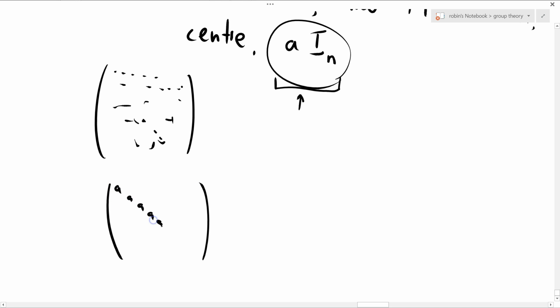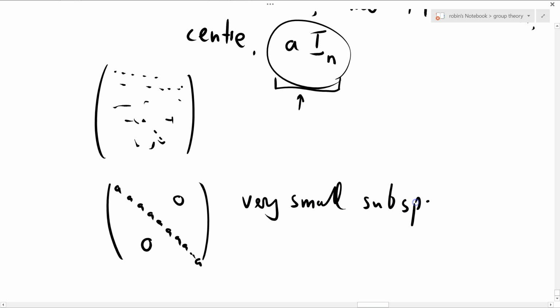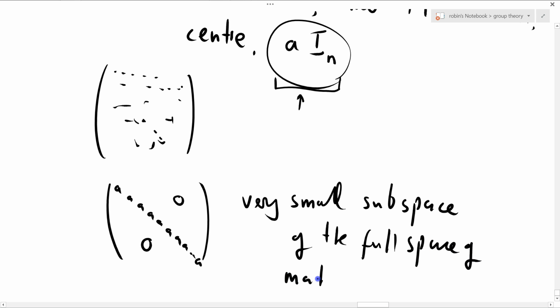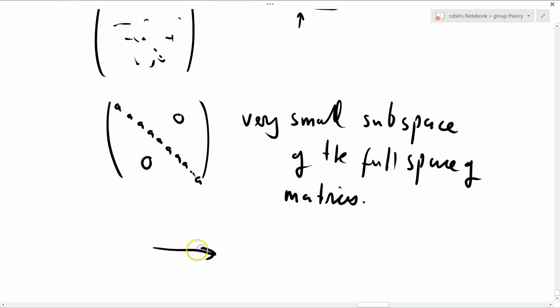It's got the same number all the way on the diagonal and then zeros off it. This is a very small subset, or a very small subspace, I guess, of the full space of matrices. Very small space indeed. And so what that tells you is that the centre is small in some sense.